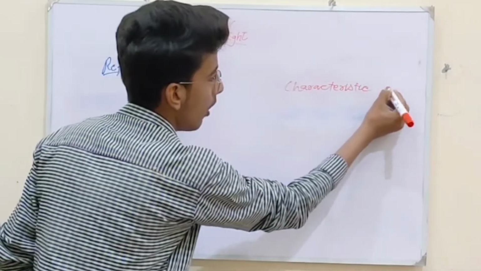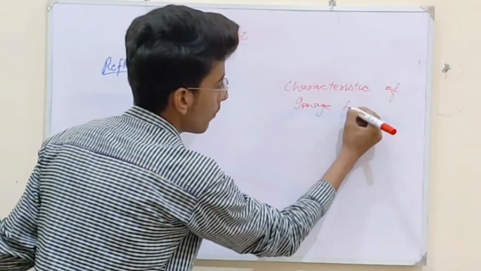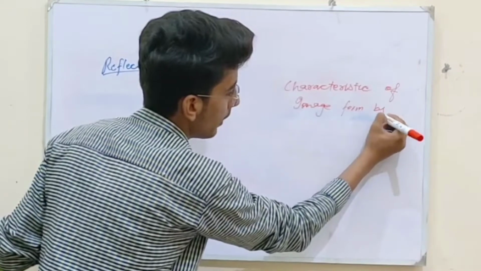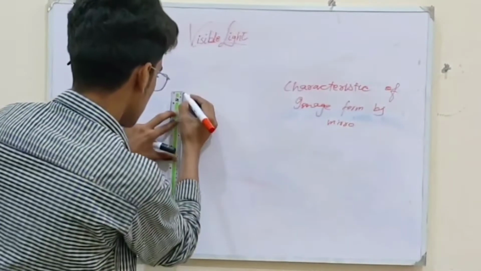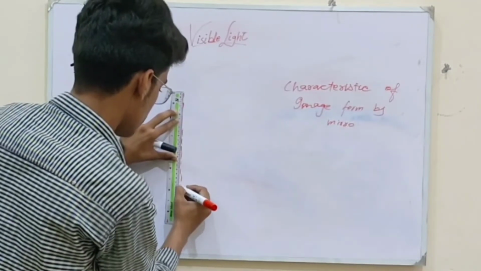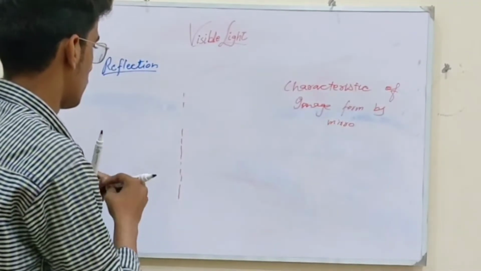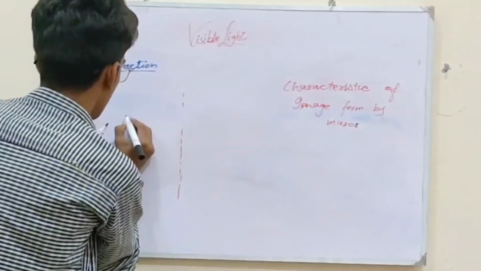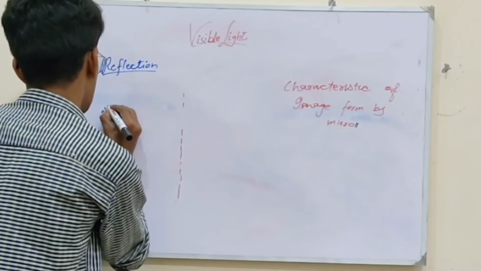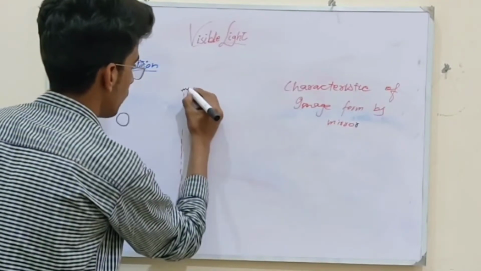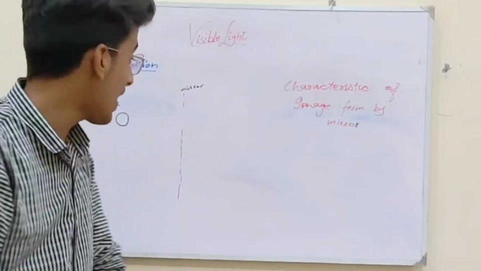The first characteristic is that if this is a mirror and this is an object, the image formed would be at an equal distance from the mirror as the object.